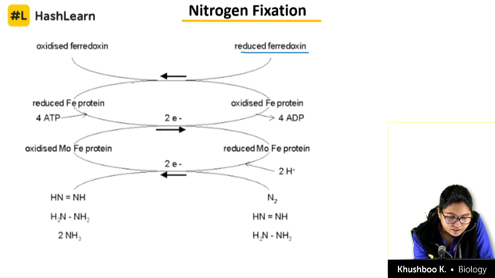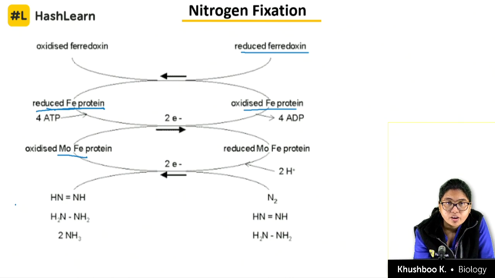In turn, the Fe protein was getting reduced, and now this reduced Fe protein will transfer 2 electrons, and this will then convert the oxidized molybdenum iron protein.